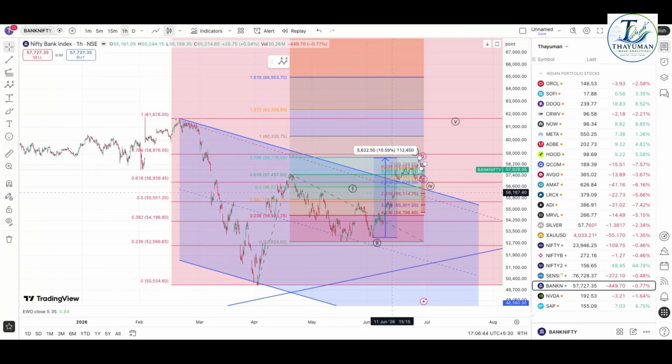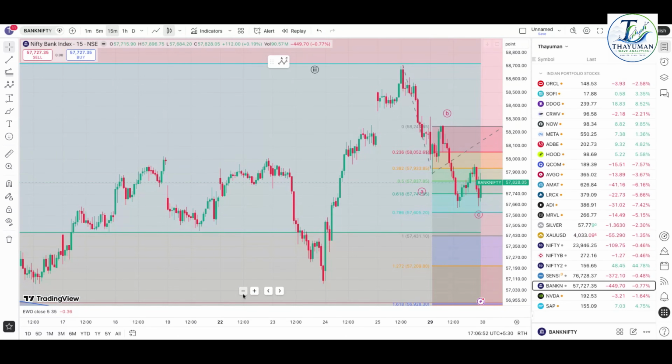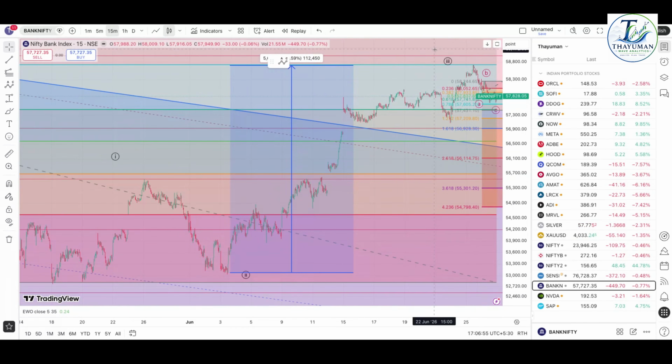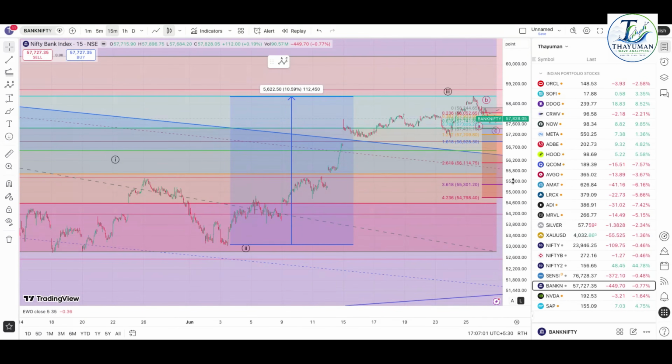The point is, wave 3 shouldn't be the shortest one. We already have wave 3 bigger than wave 1 in this assumption. From here to here is wave 3. It is already longer. So wave 5 could be somewhere in between wave 1 and wave 3. That is the point. Others are all assumptions.